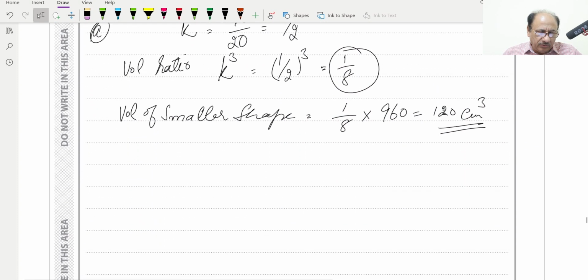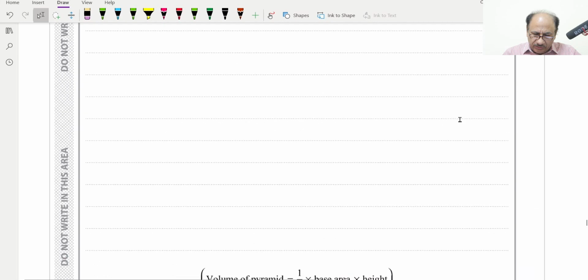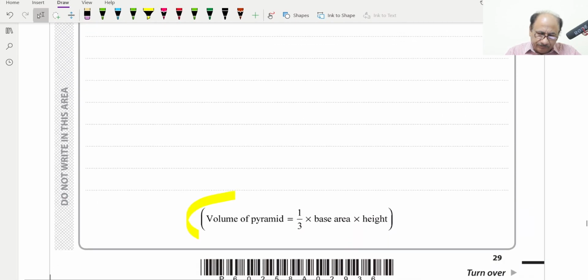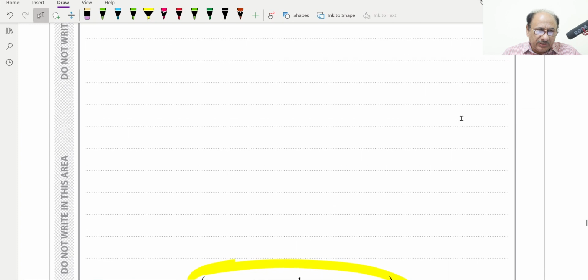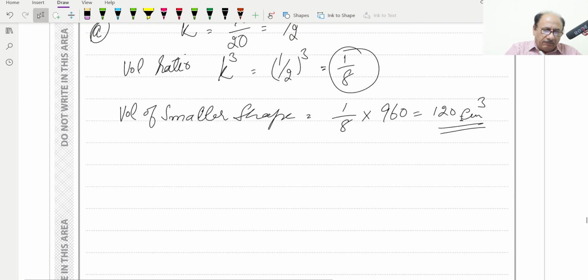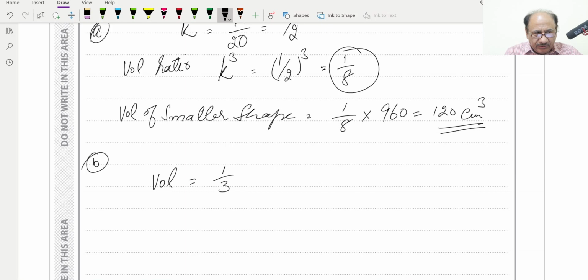Volume formula is also provided over here. Volume of pyramid is equal to 1 by 3 into base area into height, and this one we will apply on the bigger shape. So volume will be equal to 1 by 3 of base area into height.